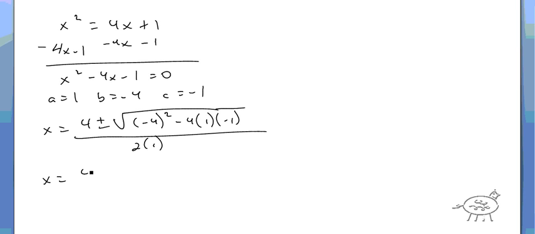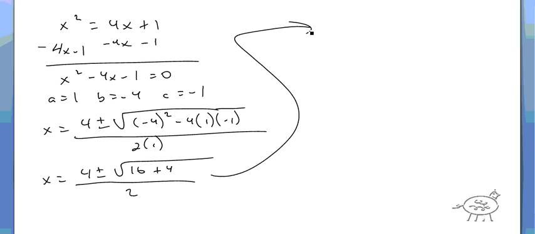So x equals 4 plus or minus the square root of 16 plus 4. Okay, got to be careful of those signs, right? It's negative 4 times negative 1, which is positive 4, all over 2. So I get x equals 4 plus or minus the square root of 20 over 2.